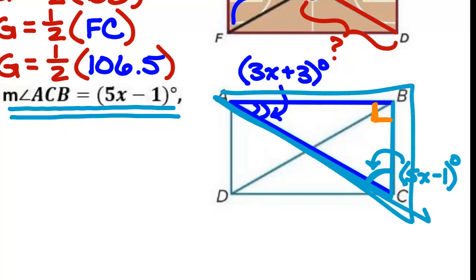So this angle right in here is 5x minus 1 degrees. They said this is a rectangle, right? So how big is this whole angle up here? 90 degrees. What kind of a shape are we looking at here? A triangle. What do we know about the angles in a triangle?